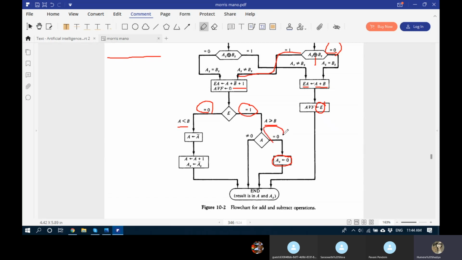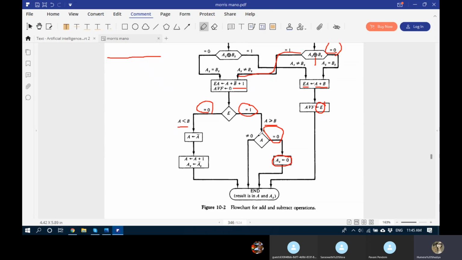In case here A is accumulator. In case accumulator is 0, it's like after subtraction there is a possibility of getting 0 when both the numbers are equal. In that case you have to mark the 0 as positive.